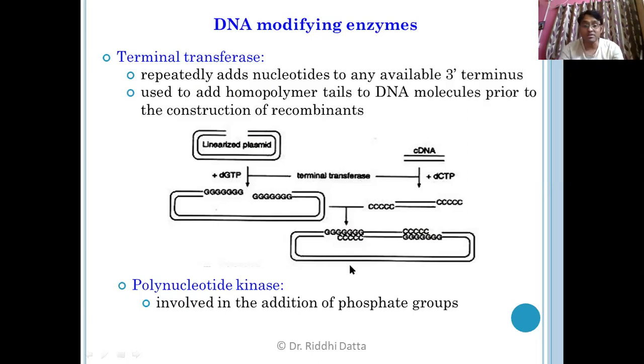TOPO TA or TA cloning is one example of this type of activity, where depending on TA complementarity, the insert is easily ligated to the vector. So terminal transferase is commonly used for cloning purposes. There are also two other options used for addition at the 3' end, the adapter and the linker.